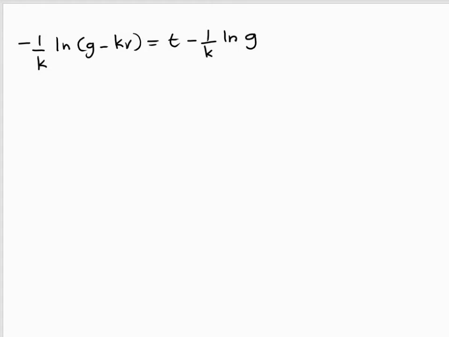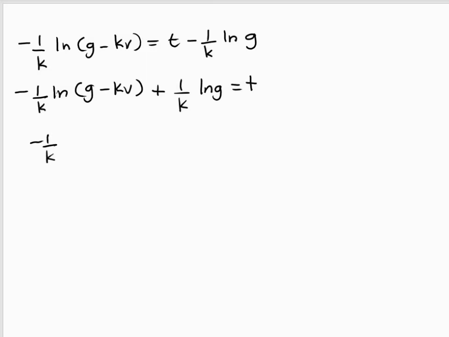Now I'm going to collect together the terms with ln. So we have negative 1 over k ln of g minus kv plus 1 over k ln g equals t. Then we can factorize negative 1 over k, so now we have ln of g minus kv minus ln g equals t.